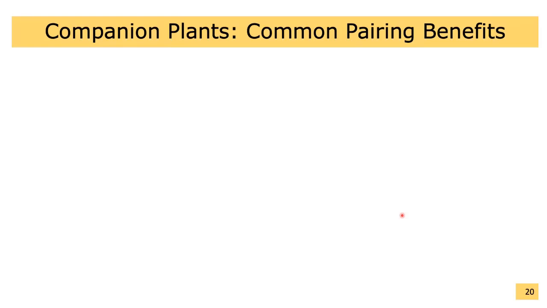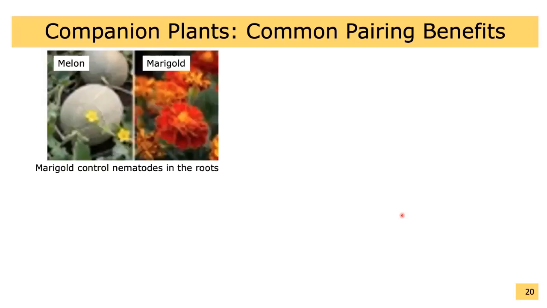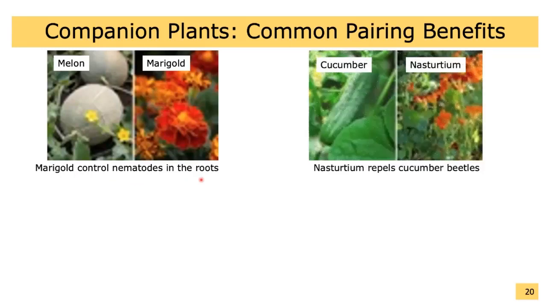Common pairing benefits of companion plants: when melon and marigold grow as companion plants, marigold controls nematodes in the roots of melon. Nasturtium repels cucumber beetles when cucumber and nasturtium grow as companion plants.